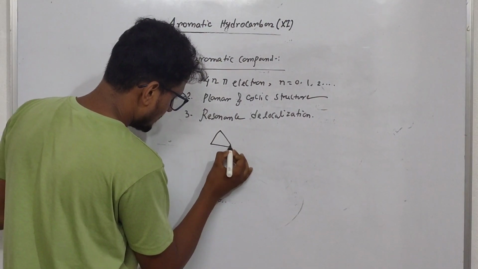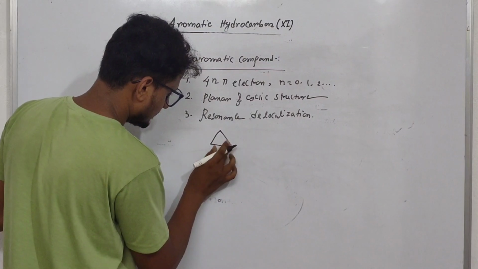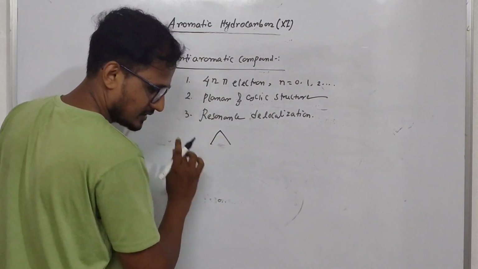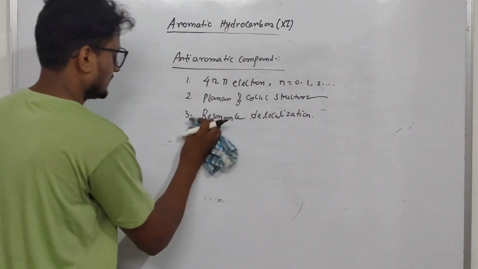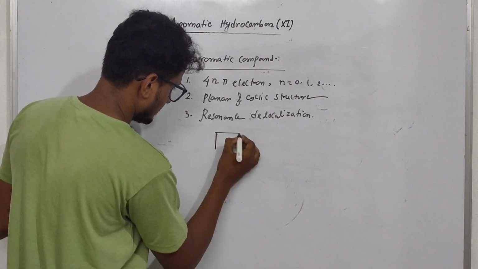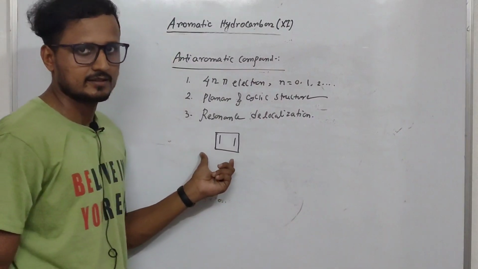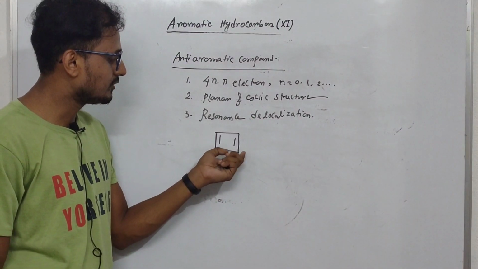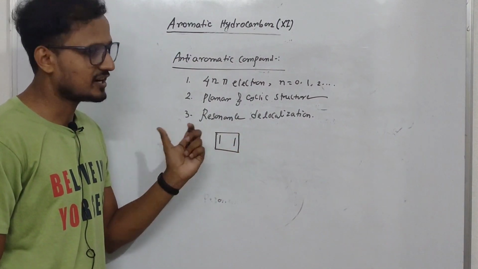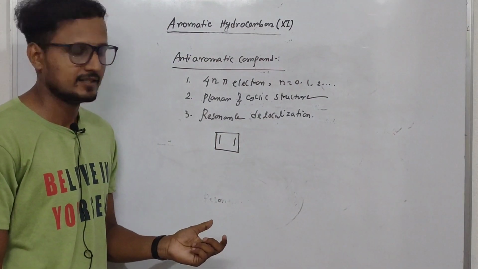this compound, cyclopropyl cation, or this one. This is cyclobutadiene.